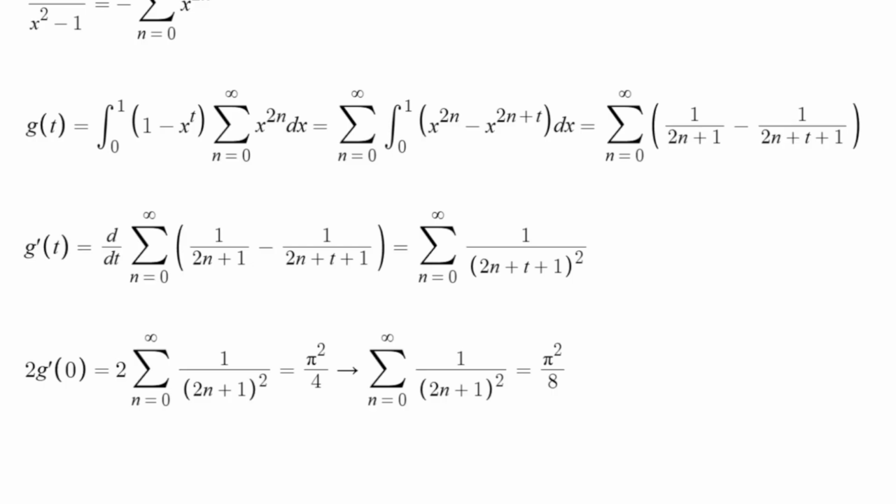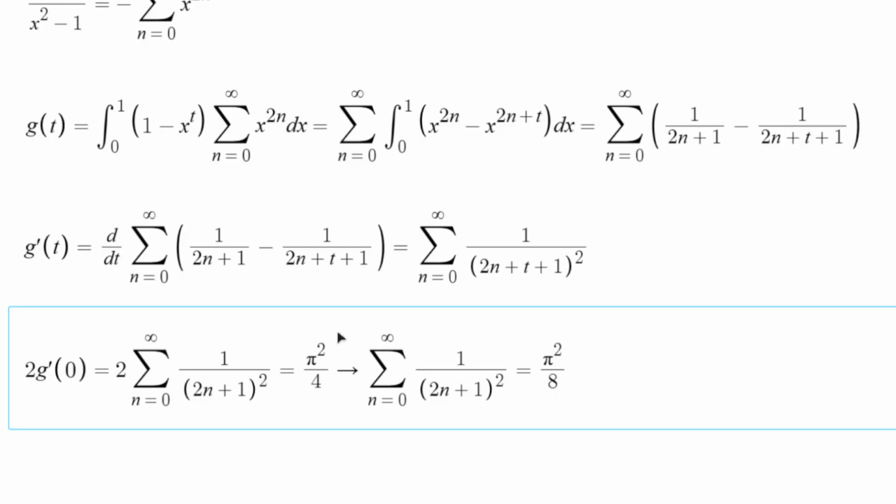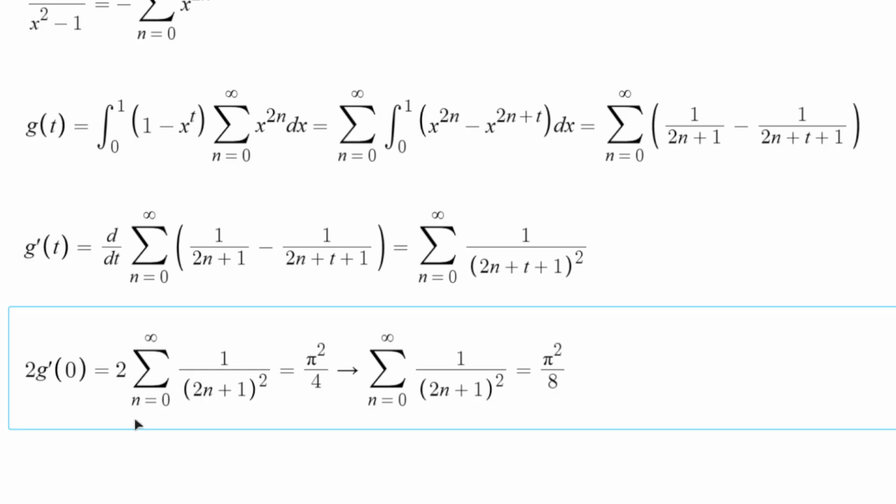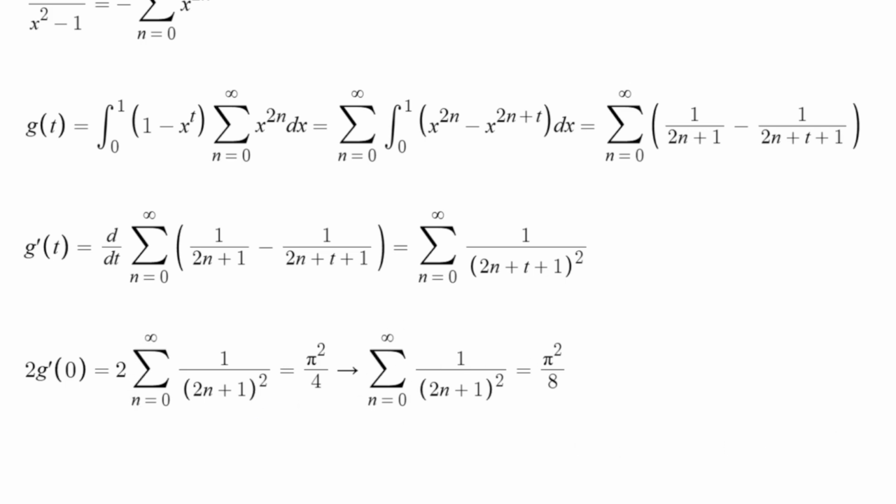But we know that 2g prime of 0 is equal to pi squared over 4. But that's also equal to this; all we do is take this and plug in t equal to 0. So 2 of this is equal to pi squared over 4, which implies that 1 of this is equal to pi squared over 8.